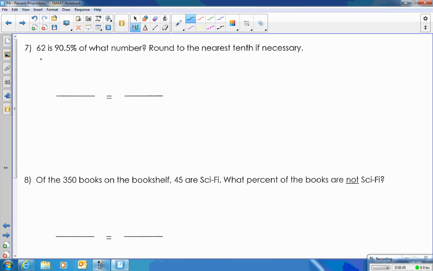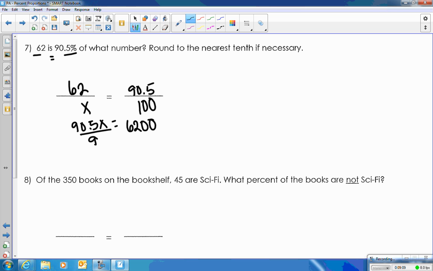The next one says 62 is 90.5. Okay, so percents always go under 100, and it says 62 is 90.5, so they should be across from each other. So when I cross multiply, I get 6,200 and 90.5x.